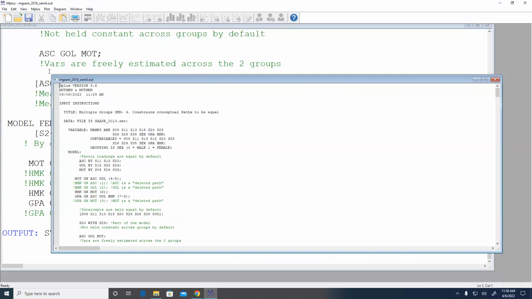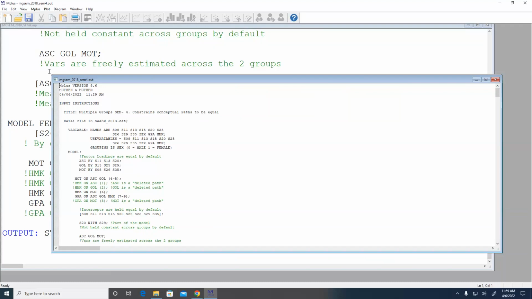So in motivation, we're not actually estimating a mean anymore because it's endogenous. We're estimating an intercept, which is the predicted score on motivation when academic self-concept and goal evaluation are zero. Here we've got a latent intercept because it's endogenous.